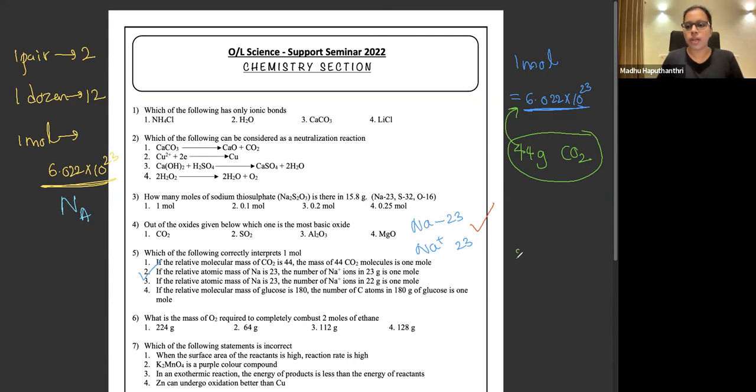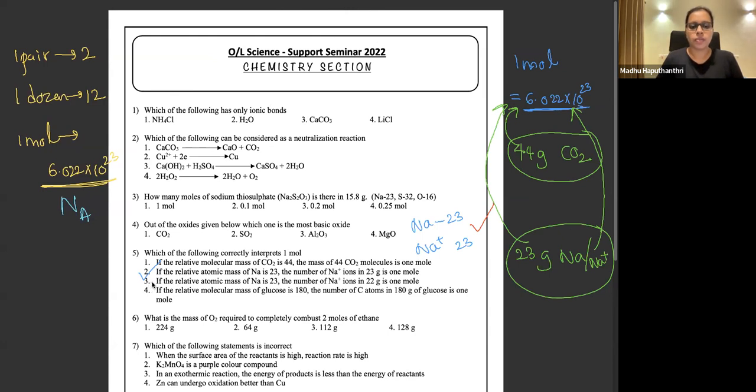So here, if you take 23 grams from sodium or sodium plus, both of them are actually correct. If you take sodium, inside that you have 1 mole of sodium atoms. If you take 23 grams from sodium ion, inside that you will get 1 mole of sodium ions. So second statement is correct.